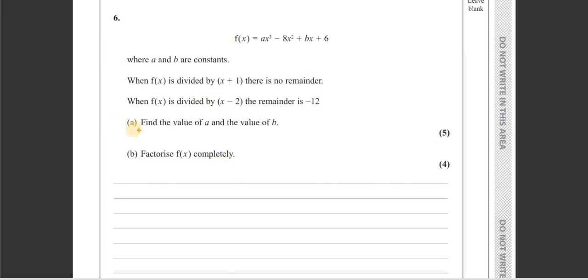Okay, so let's just talk about part A. We need to find the value of a and b. Remember, whenever they ask to find some unknown, so like here, we need to find two unknowns, a and b, we need two different equations so we can solve these two equations simultaneously to figure out the values of these two unknowns.